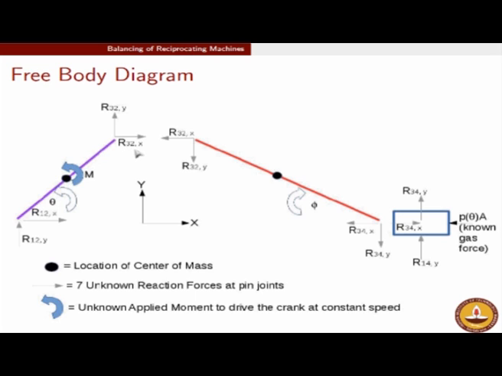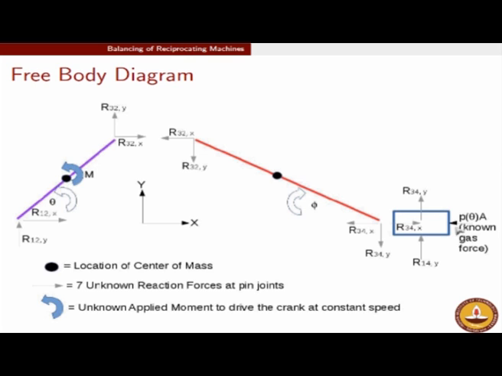So R32,x denotes the force from the connecting rod to the crank along the direction of x. Similarly, R32,y denotes the force from member 3, the connecting rod, to the crank along the direction of y.